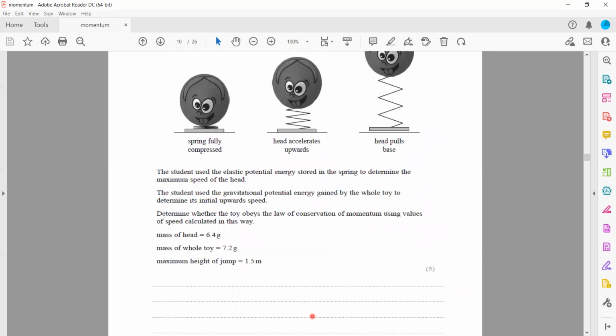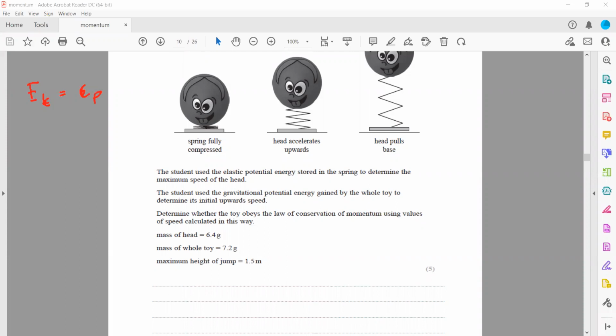So first, using the conservation of energy, we consider all the initial kinetic energy converted to potential energy. So we can say the kinetic energy, or EK, is equal to gravitational potential energy, or EP.